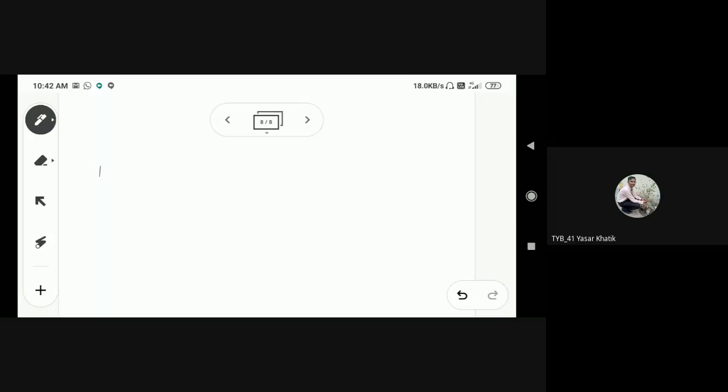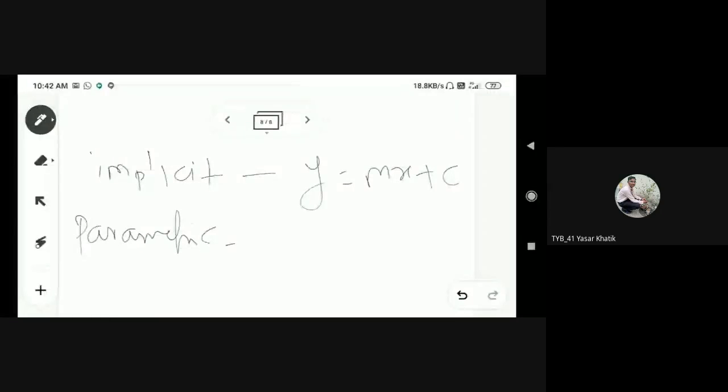First, the implicit form of the line, that is y = mx + c, and the parametric form is like this: x = a_x u + b_x, and like this we can write for y = a_y u + b_y. These are some implicit and parametric representations of the line.